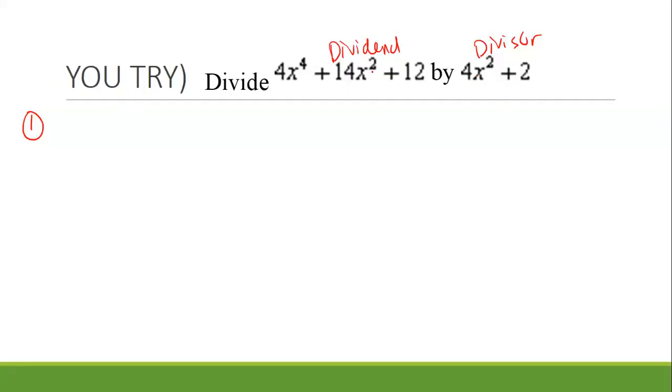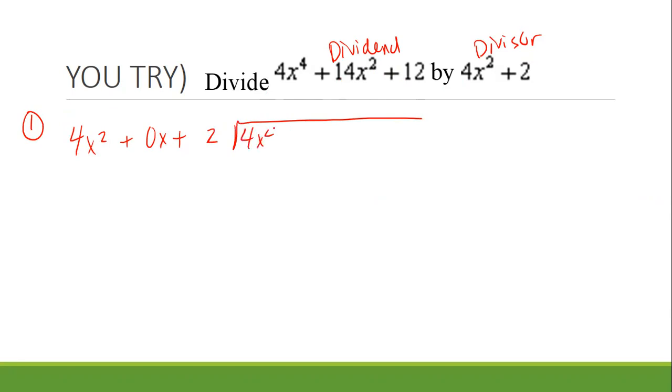When you look at your dividend and divisor, you can see that there are missing terms. And as you're doing this, you may realize that you didn't necessarily have to add those terms because of what type of dividend it is. But here we go.